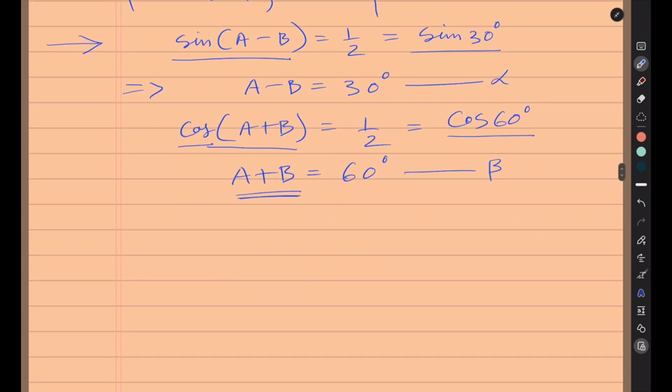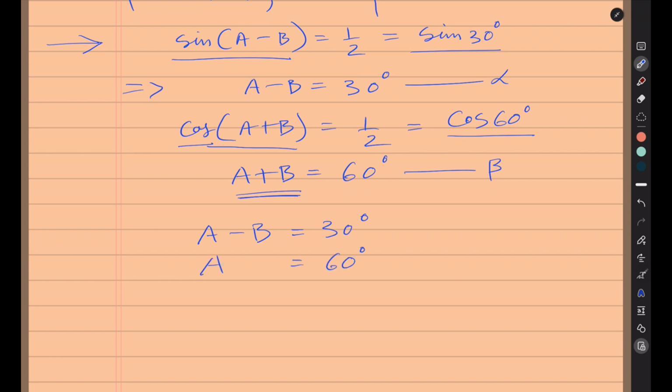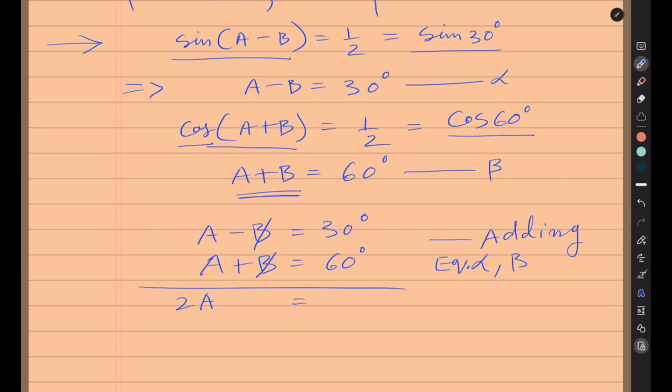So by equations alpha and beta, it's very simple to add these two equations. So what will happen when we add these two equations? We have 2 times A and then this plus and minus B will be cancelled. So here we are adding equations alpha and beta.